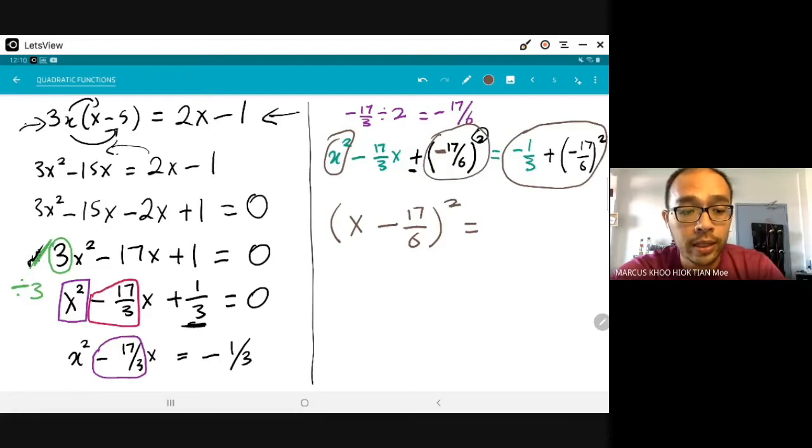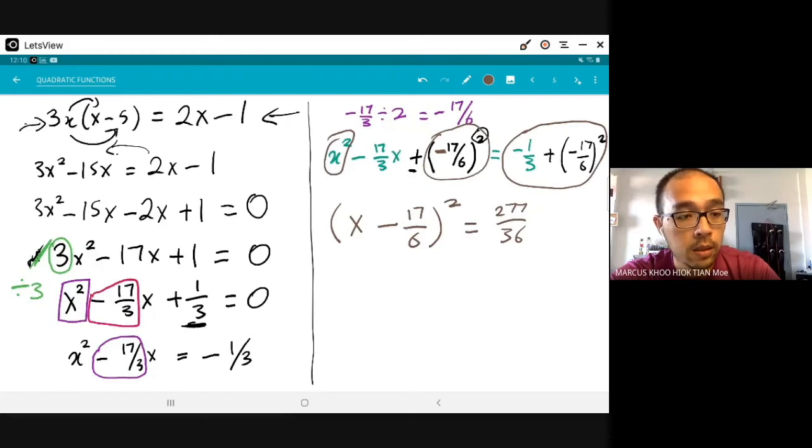Okay, so negative 1 over 3 plus dalam kurungan negative 17 over 6 square. Okay, yeah, I should get something like 277 over 36. Good. Yeah, should be lah. Ya, 277 over 36.